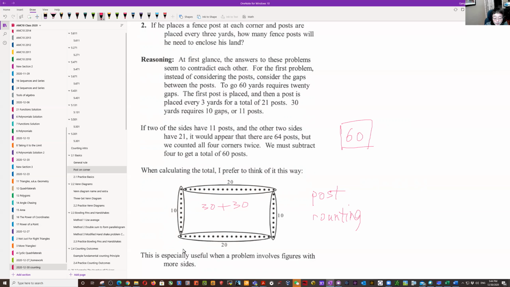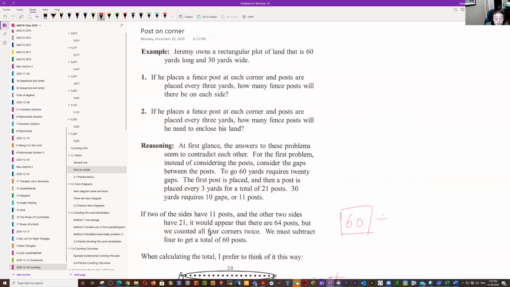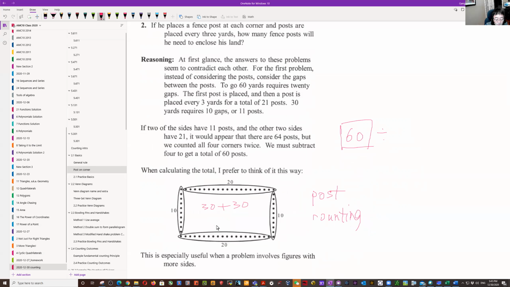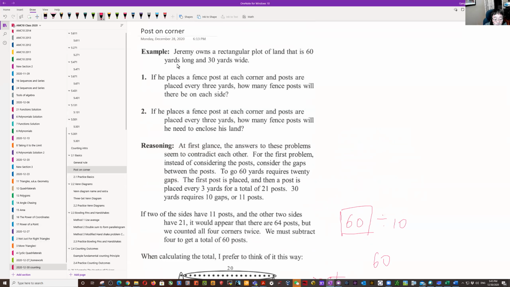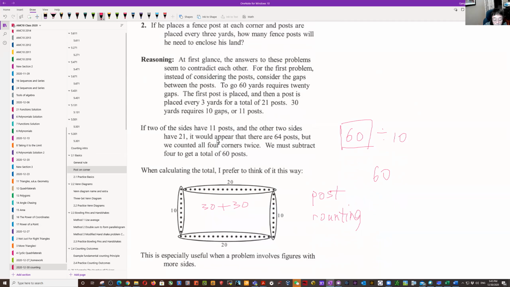You just divide 60 by 10. You actually will get 60 yard. So this is 60 yard.